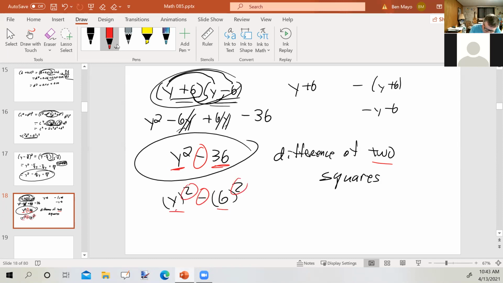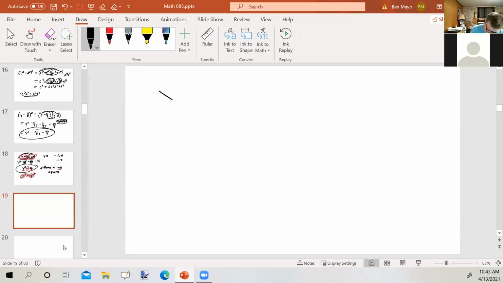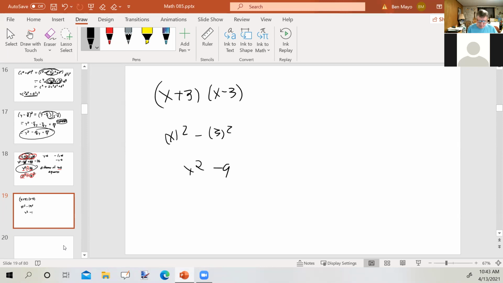Notice that the base for this square and the base for this square are the two numbers that are being added and then subtracted. So there's a shortcut we could apply if we wanted to. For instance, x plus 3 times x minus 3 is going to be x squared minus 3 squared, or x squared minus 9.